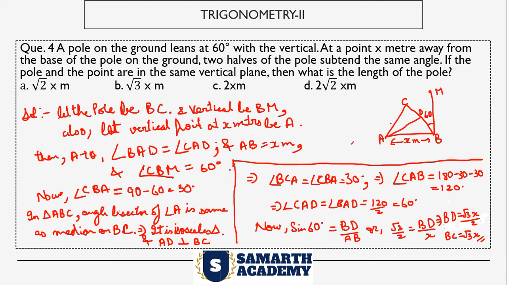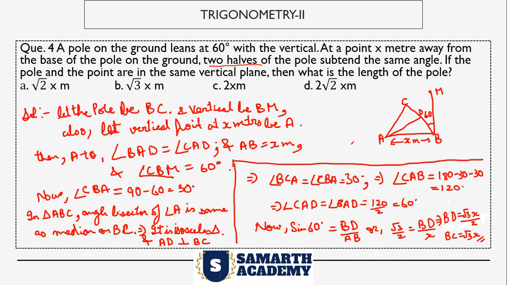So if we talk about this triangle, AD becomes the angle bisector, and it is also the median because CD equals DB by definition, because these are two halves of the pole, right? So if AD is also the median and the angle bisector, it means the triangle is an isosceles triangle, right?